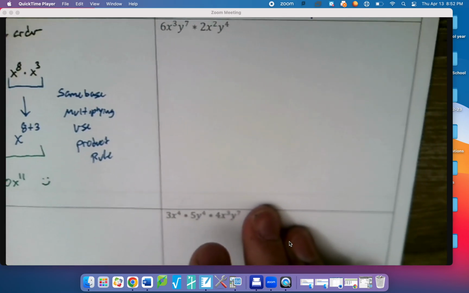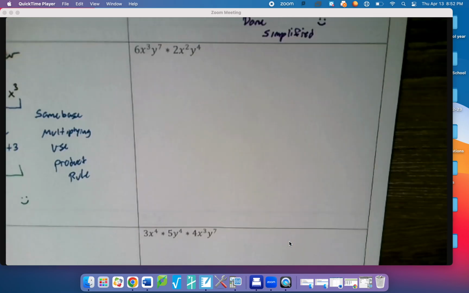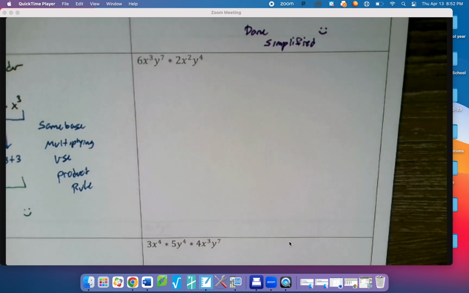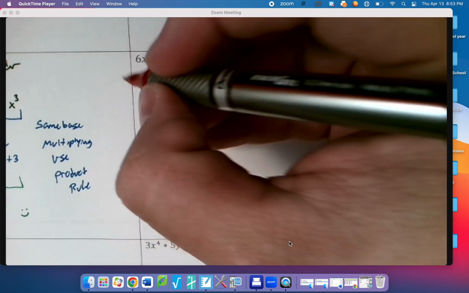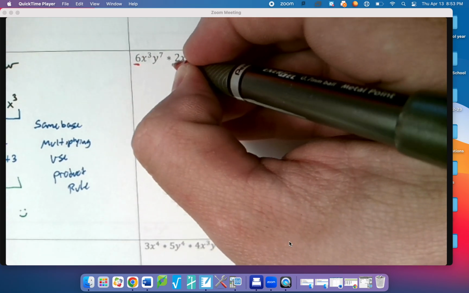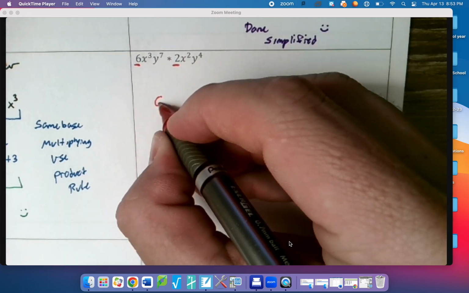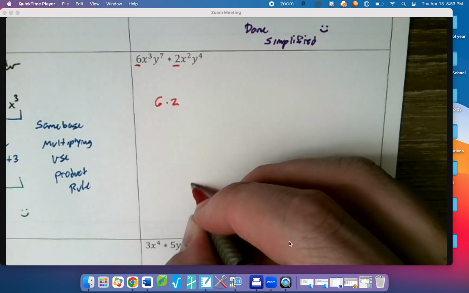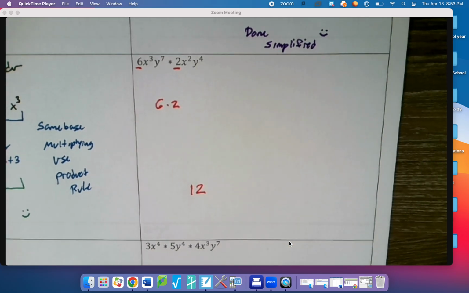All right, let's speed up the process here. We're going to show much less work. So I'm going to use different colors to kind of help us out here. The 6 and the 2 gets me 12.